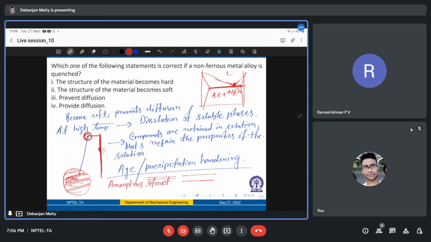Again, if we refer to this eutectic, there is some concept of deep eutectic.